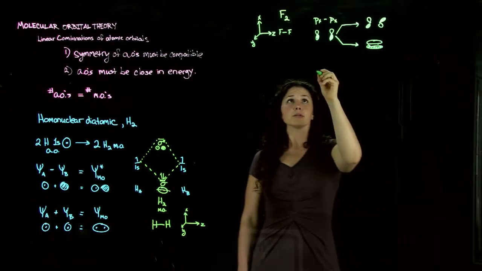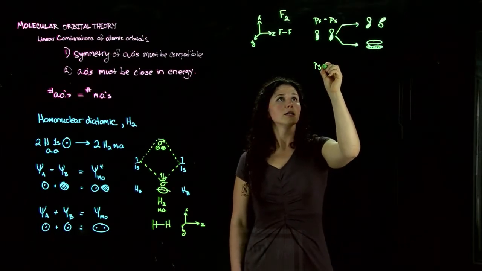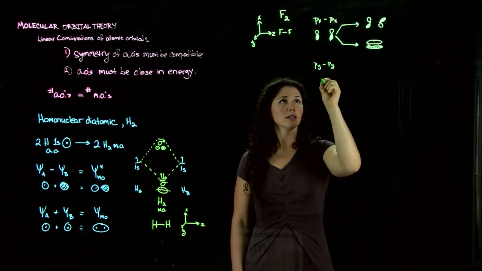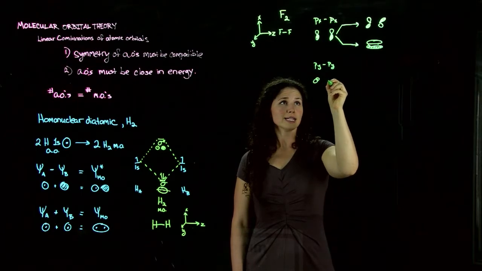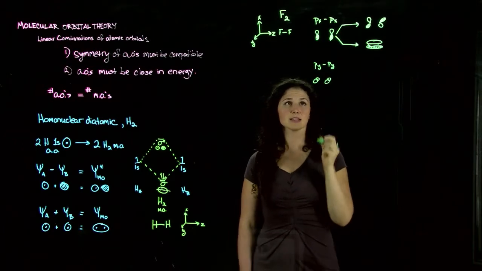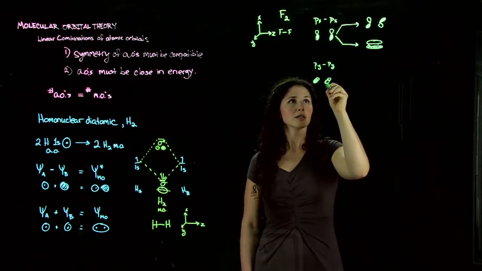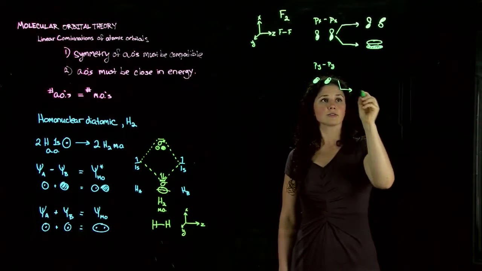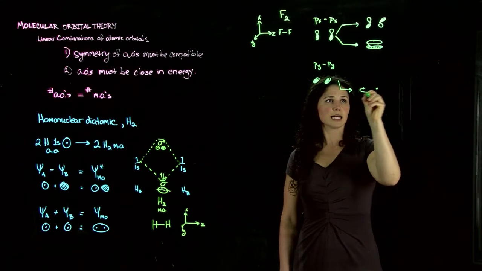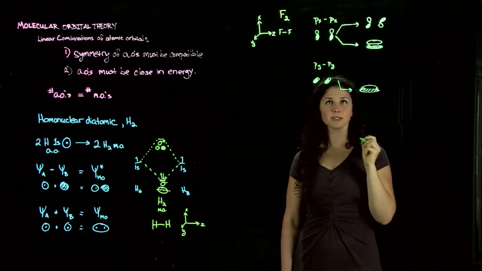We also have py. And again, now these p orbitals will look almost identical, except they're just on a different axis. I'm going to draw them like that. If they add, or constructively interfere, we get a molecular orbital that looks like this, kind of like a hot dog bun.